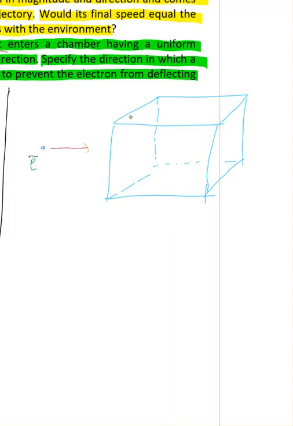So I'll put positive charge on the upper surface of this chamber and negative charge on the lower surface of the chamber.